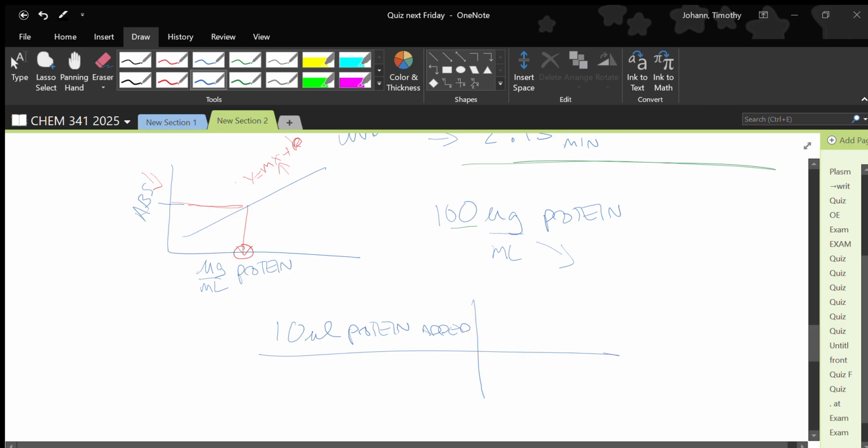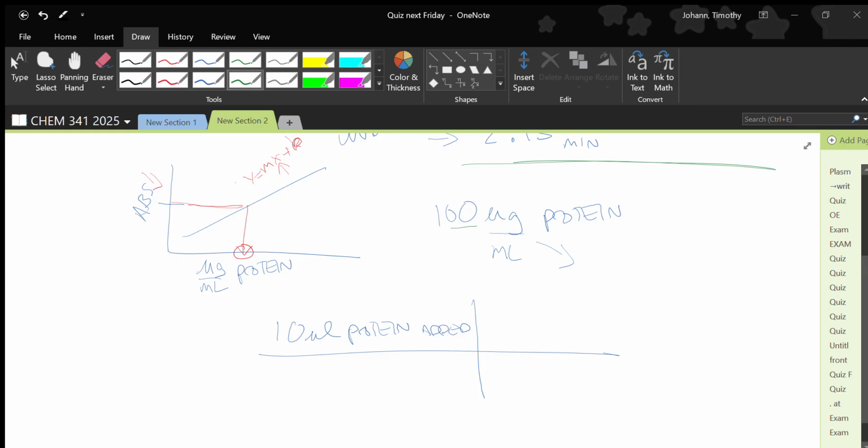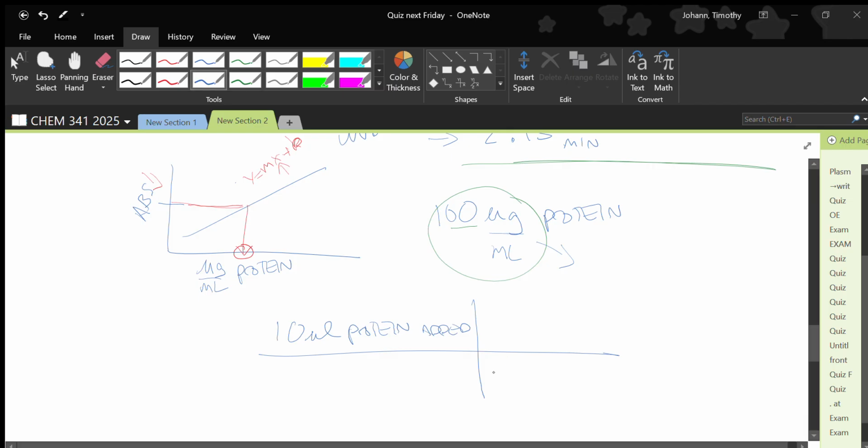All right. And if I'm going to convert that to milliliters, because this conversion factor uses milliliters, if I have 1,000 microliters, I have 1 milliliter. Microliters goes away with microliters. And then if I have 1 milliliter, I have 100 micrograms.